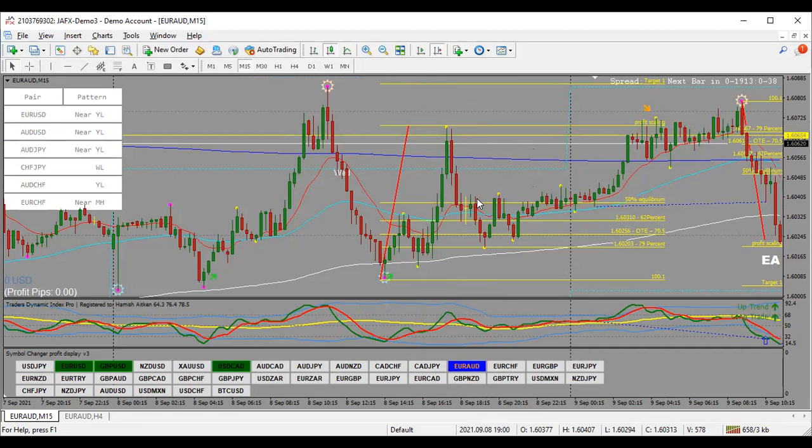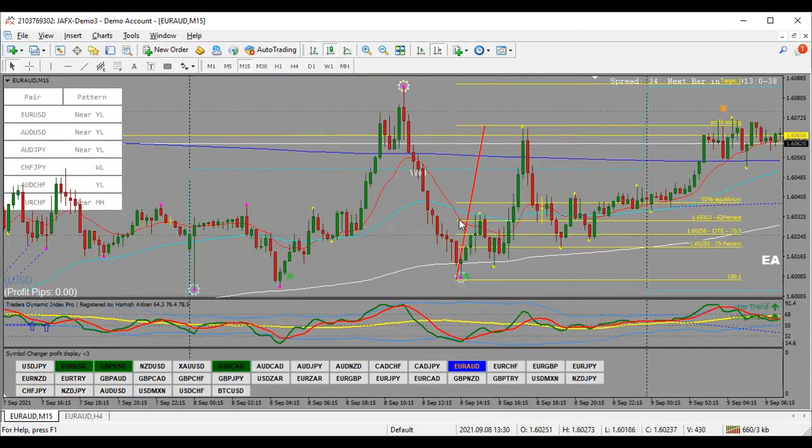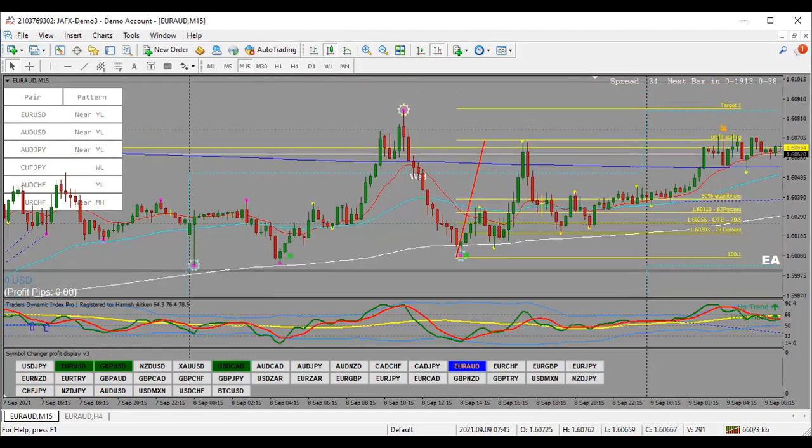Is there some kind of clue when we should wait for the price to touch the high or low? No. See, in as much as price is within the range, and watch. Once price forms this semaphore within the range, it means price might not get out of the range.